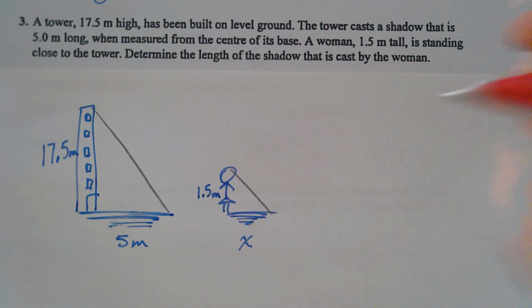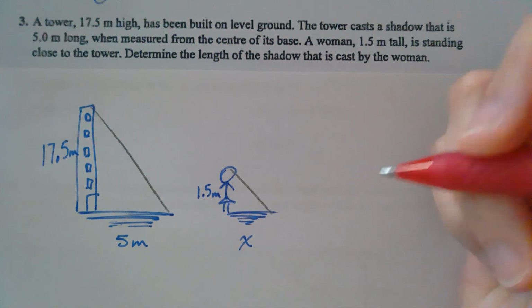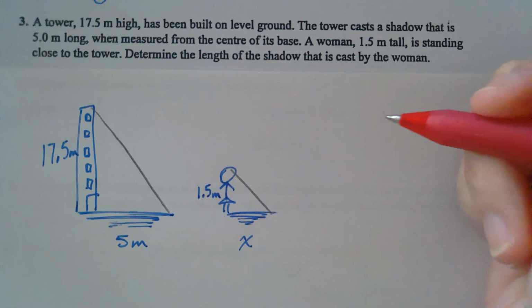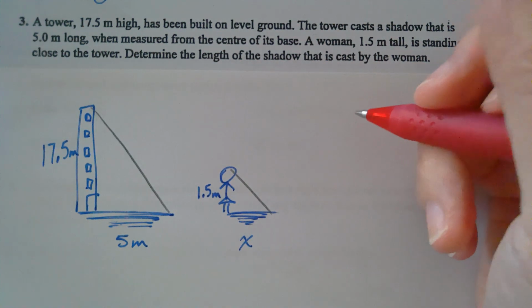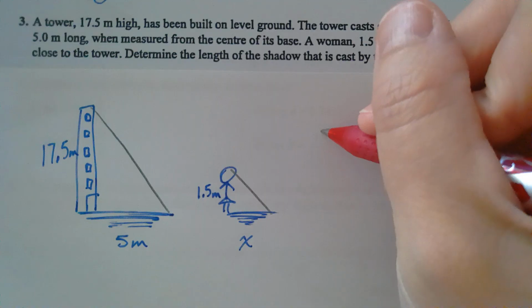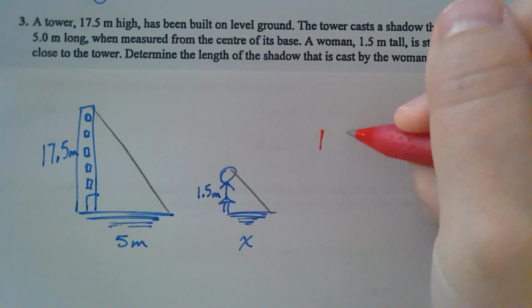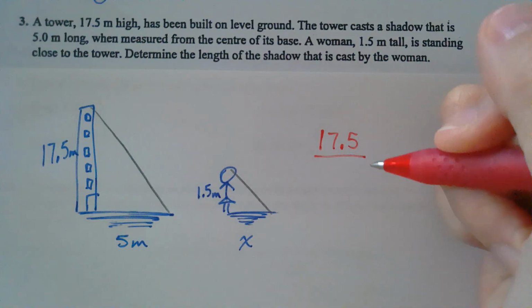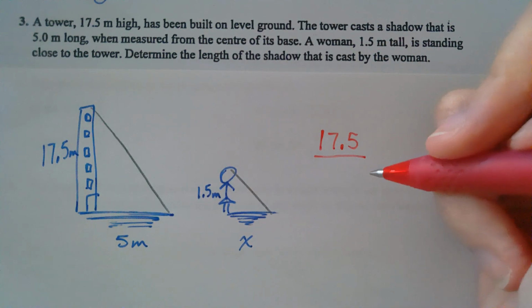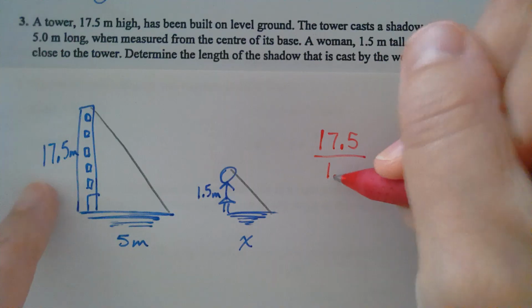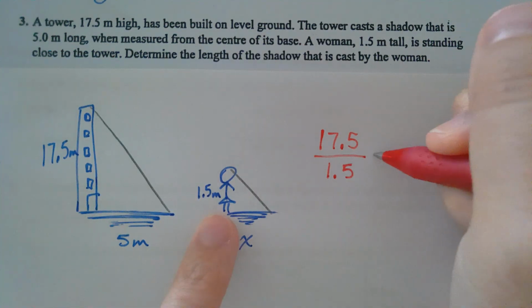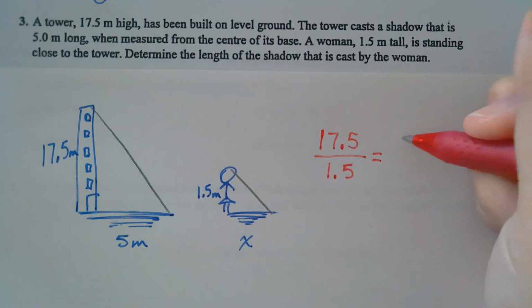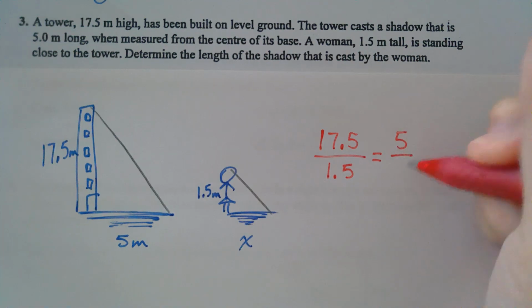So let's set this up. Somebody set up the ratio for me. Mila, you try it. 17.5 divided by 1.5. Good. I'm comparing height to height. Right.